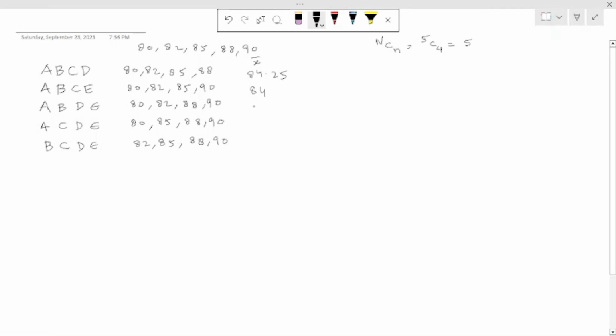Third sample would give us 85 as the mean value.